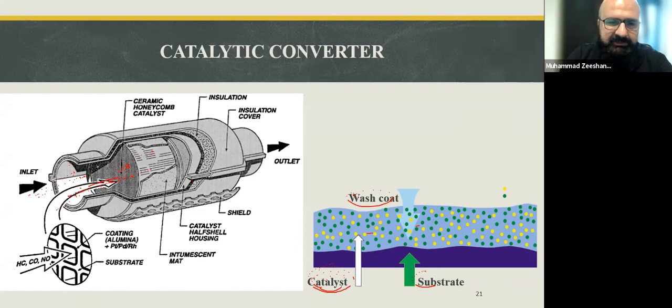So essentially it's a reactor through which the toxic gases coming from the engine pass, and this reactor converts those toxic gases into non-toxic or less toxic gases. So that's the option that we have for vehicles, and since the early 70s the industry has been using the catalytic converter. It has its own limitations and its own strengths, but for common cars which are fueled by gasoline, practically that's the technology that we have right now.